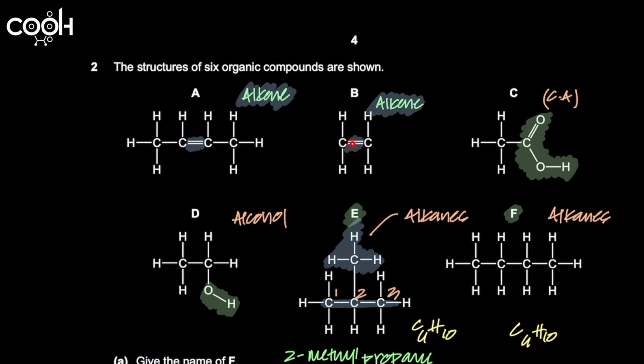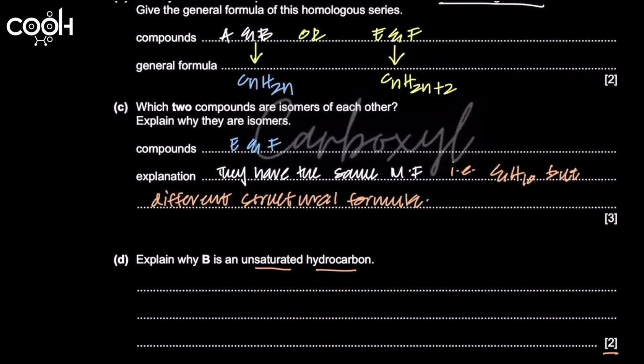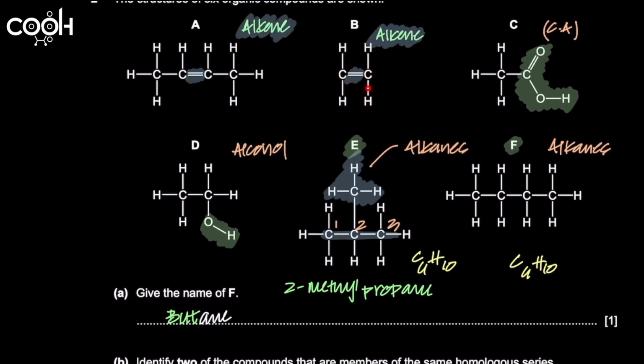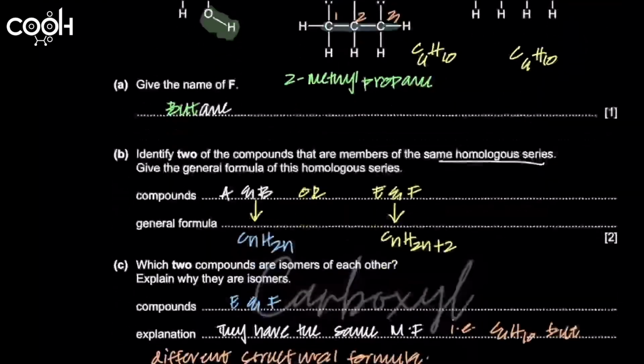So because it has a carbon-carbon double bond, or you could say not all the bonds are single bonds, you are going to identify the fact that it's unsaturated, right? And why is it called a hydrocarbon? Hydro comes from hydrogen, carbon obviously comes from carbon. So hydrocarbon means compounds containing carbon and hydrogen atoms only. It has no other atoms. So yes, B has no other atoms. It only has carbons and hydrogens.